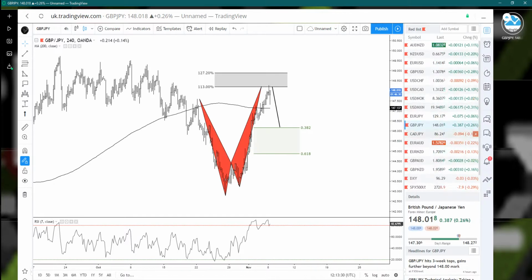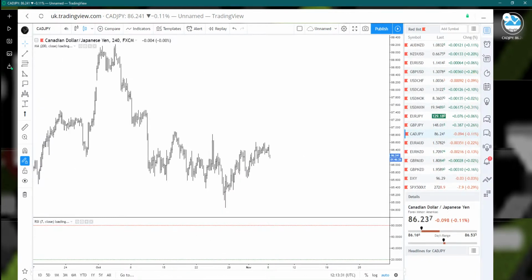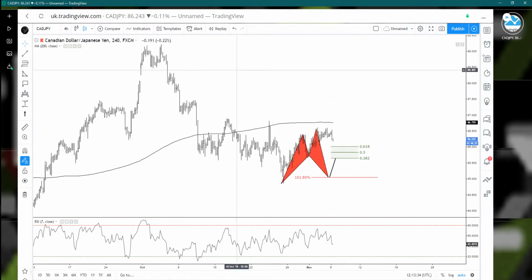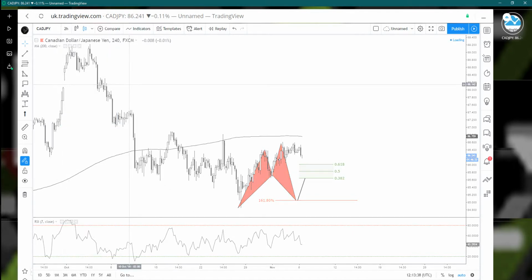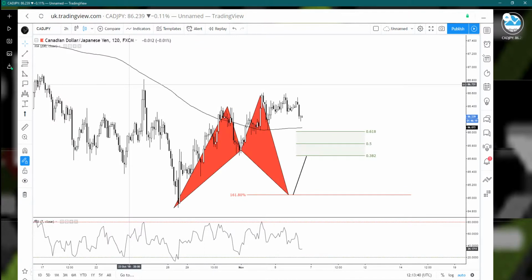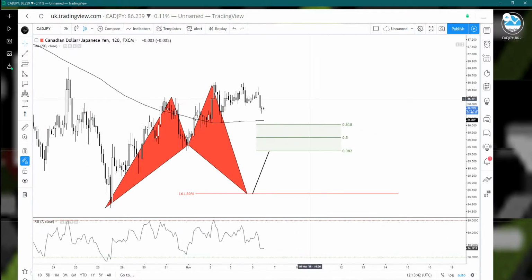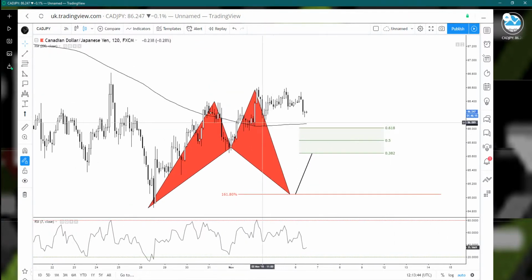CAD versus Yen, it's a similar pattern. It's a shark pattern at 168 extension, and again the market is already violating or breaking the most recent structure printed above.